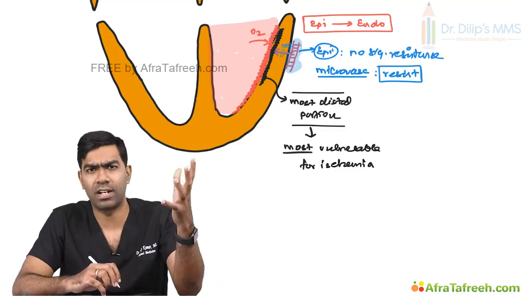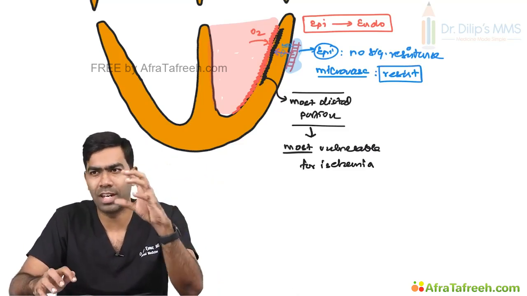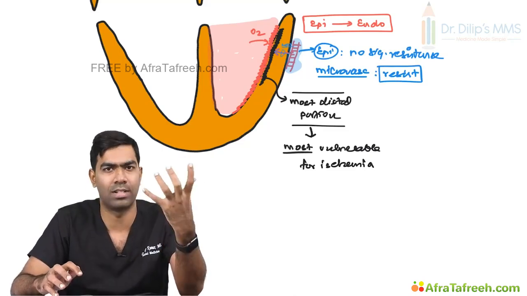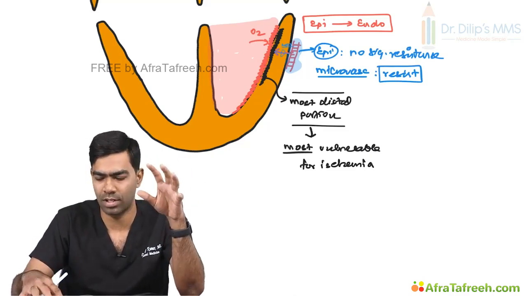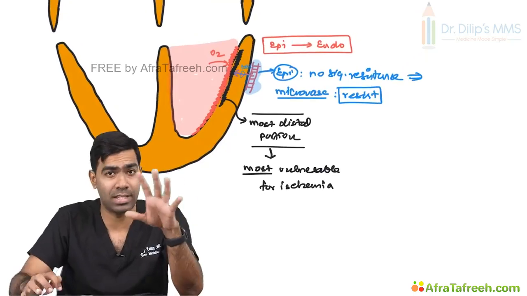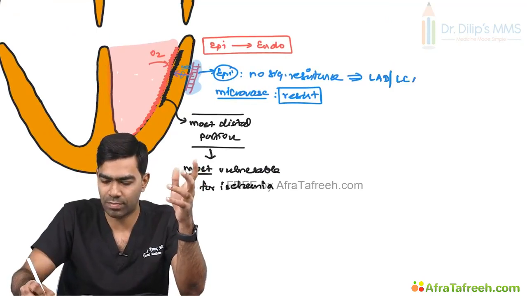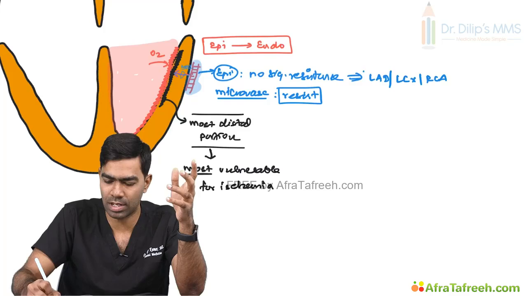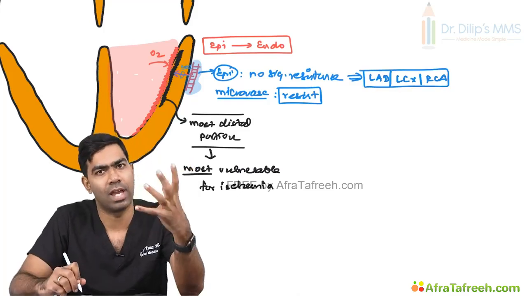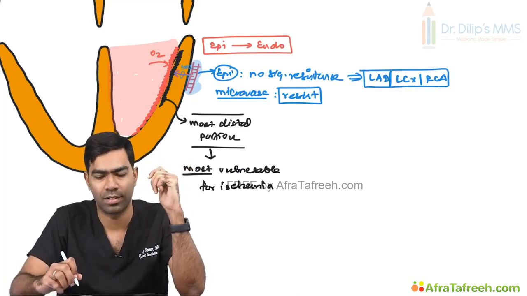Talking about these epicardial vessels, remember, left mainstem typically will not come under this major epicardial vessel section, but there are three basic major epicardial vessels, that is the left anterior descending artery, then the left circumflex, then the right coronary artery. So these three are basically called the major epicardial vessels.